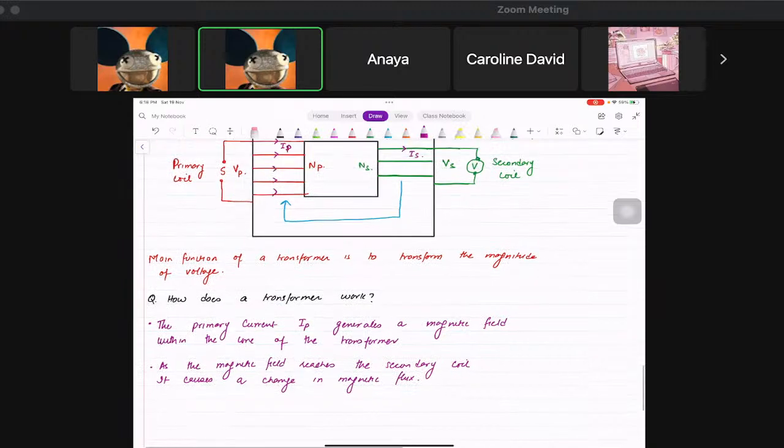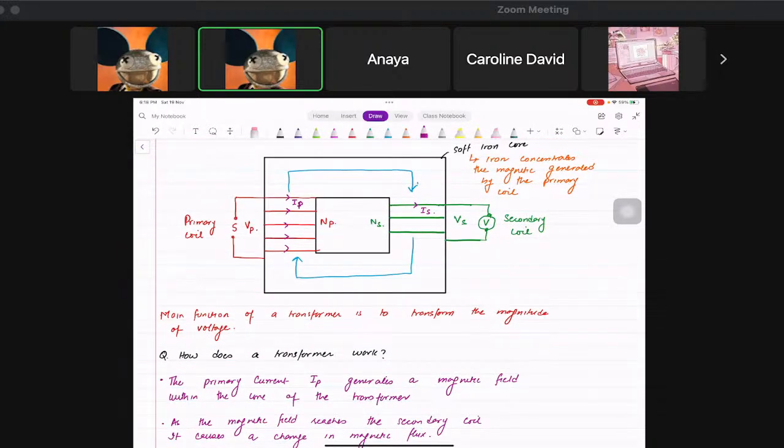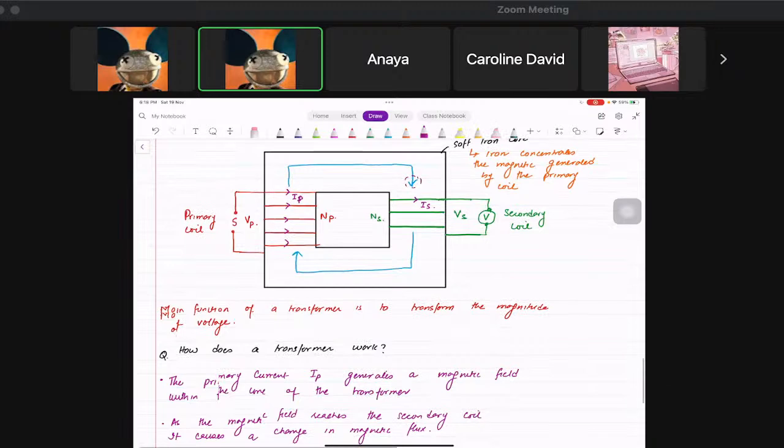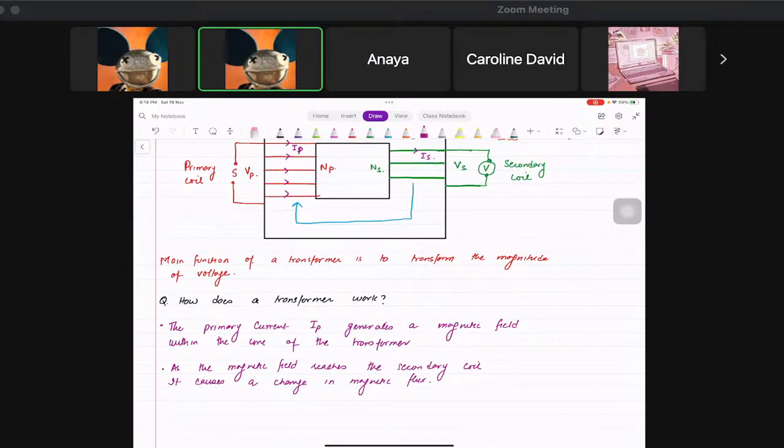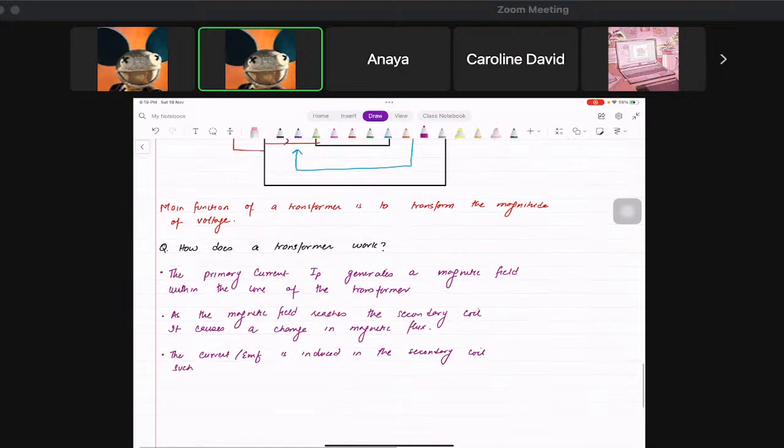Alright, because there was no magnetic field in the start, but now there's a magnetic field. Now, the current slash EMF is induced in the secondary coil such that it opposes this change. Alright, we have already learned Lenz's law.